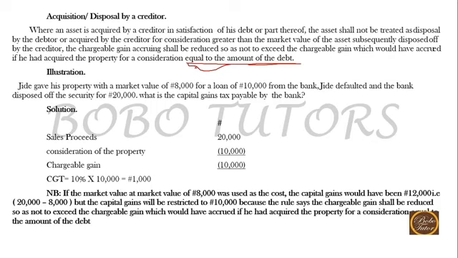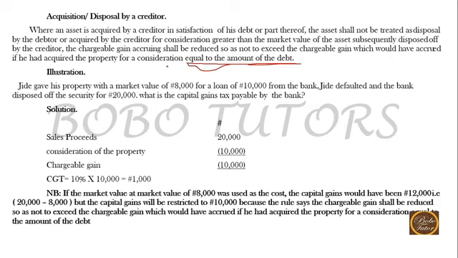So the paragraph says that the chargeable gain accruing shall be reduced so as not to exceed the chargeable gain which would have accrued if that creditor had acquired the property for a consideration equal to the amount of debt.